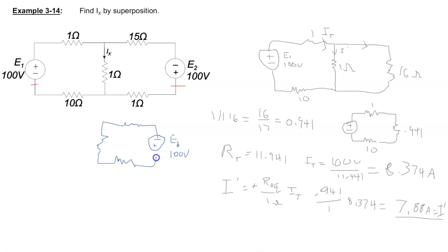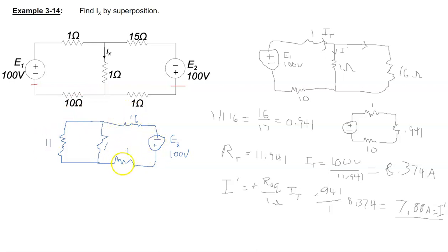Remember, I'm drawing that with the mouse, right? So on top we got a 15, the bottom we got a 1, here we got a 1, and over on this side here, remember, E1 is a short circuit, so we'll just put a wire in there and say that those two resistors are in parallel, and so that gives us an equivalent of 11 ohms over here.